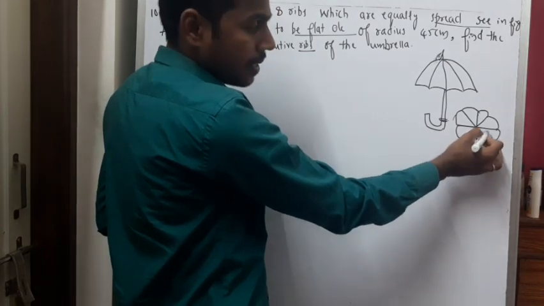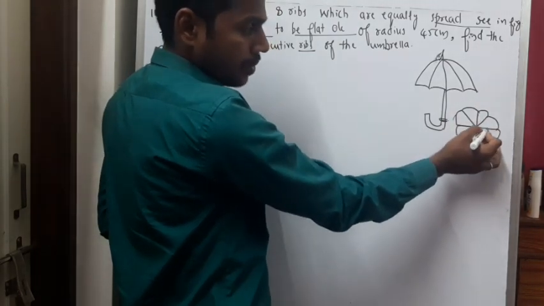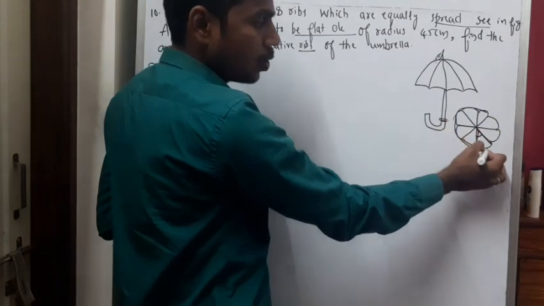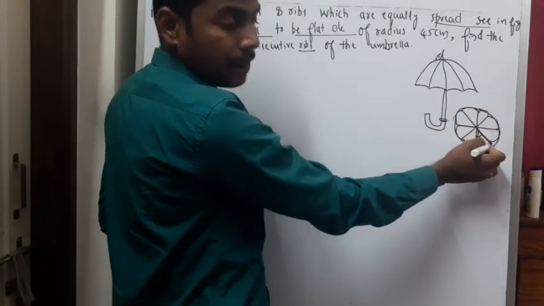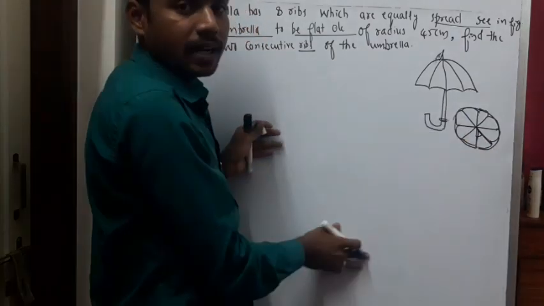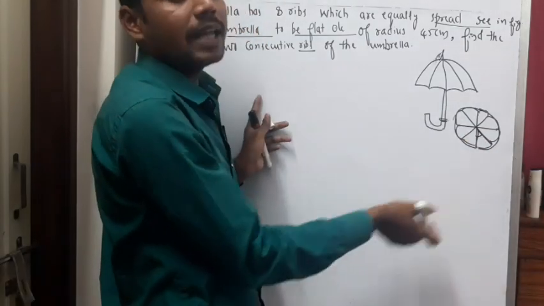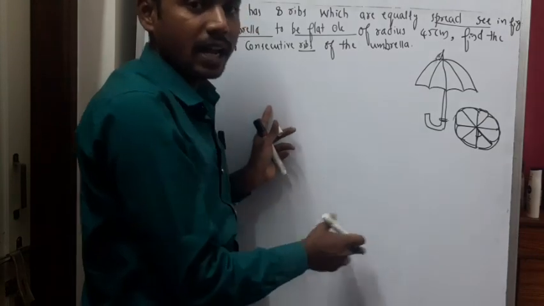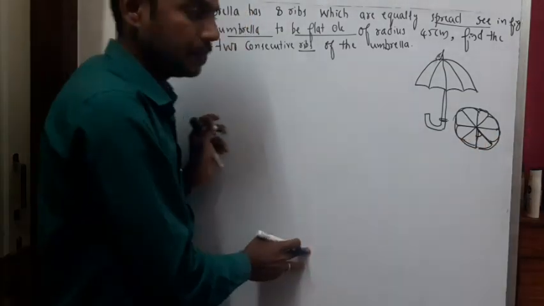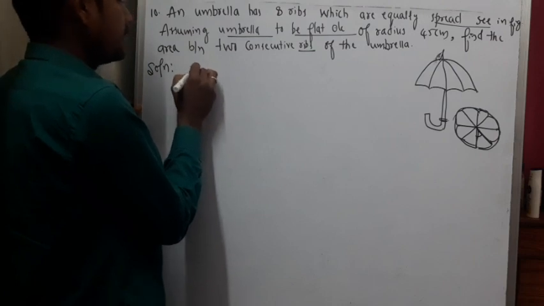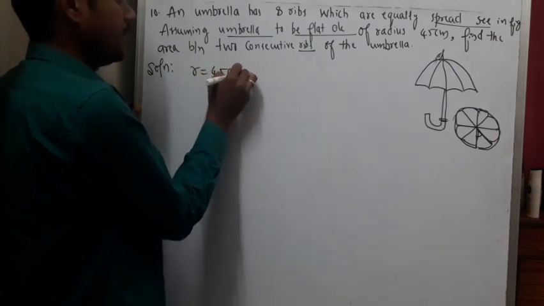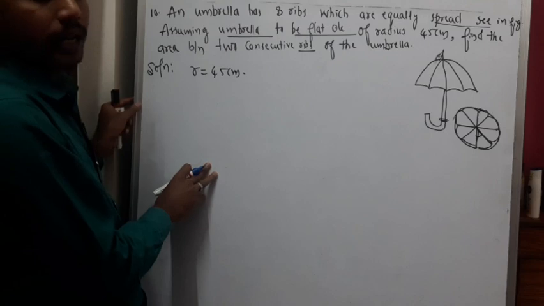Assuming it to be a circle, what will it be? It will be a sector. So we'll find the central angle of the sector. After finding the angle of the sector, we can find the area between two consecutive ribs. What is given to us? The radius is given to us, that is 45 centimeter. For pi they have not given any information.